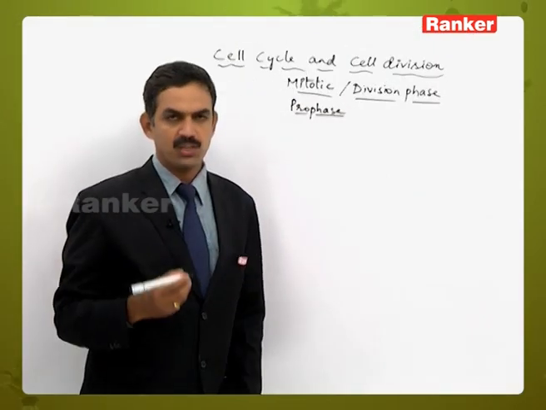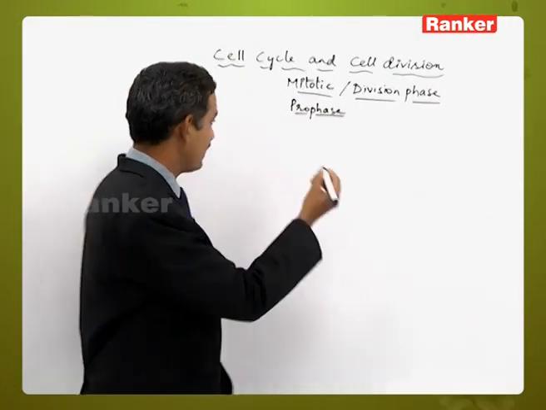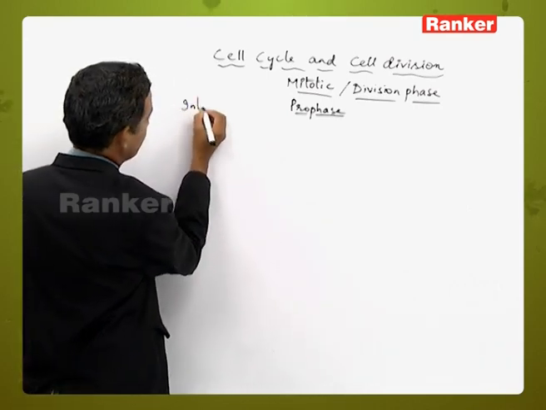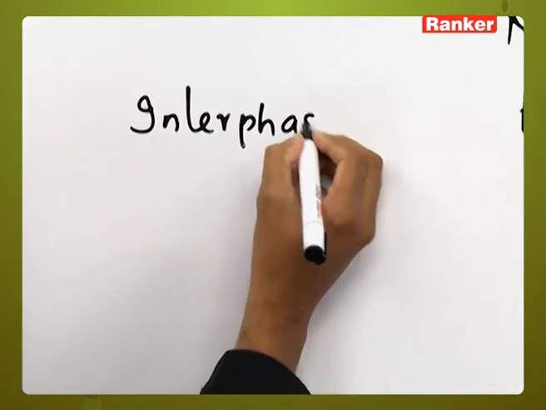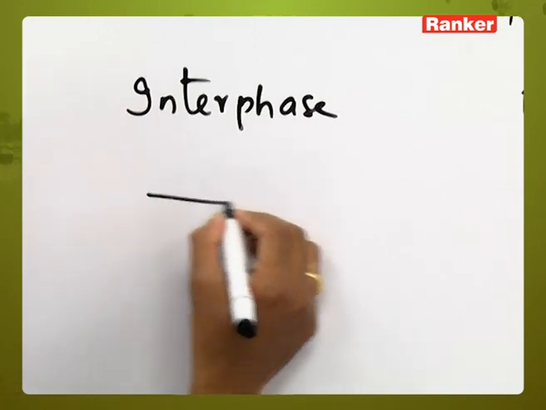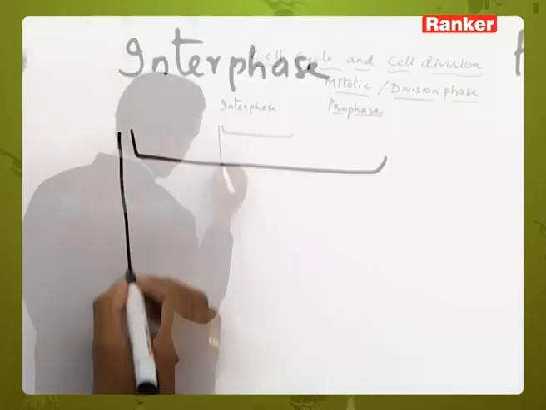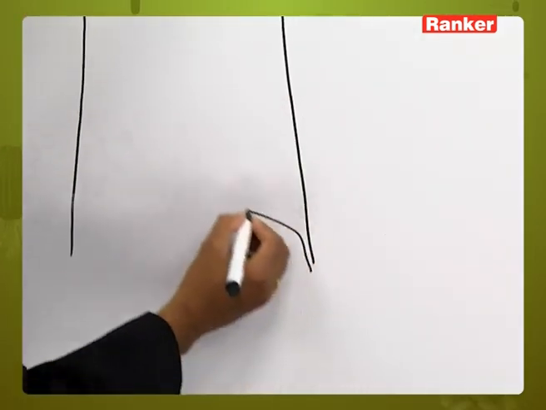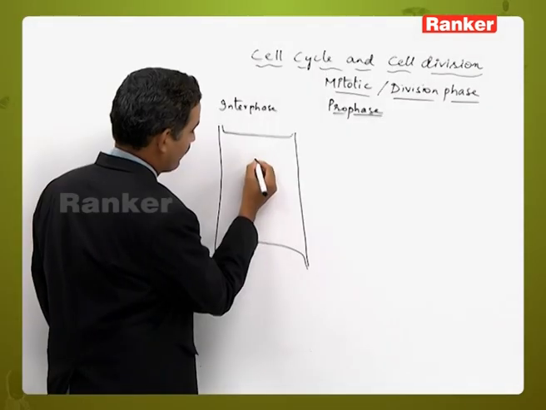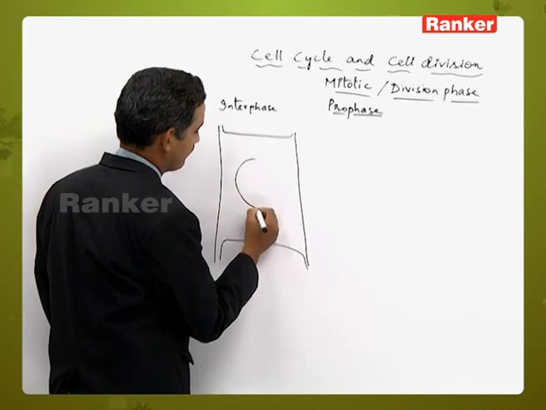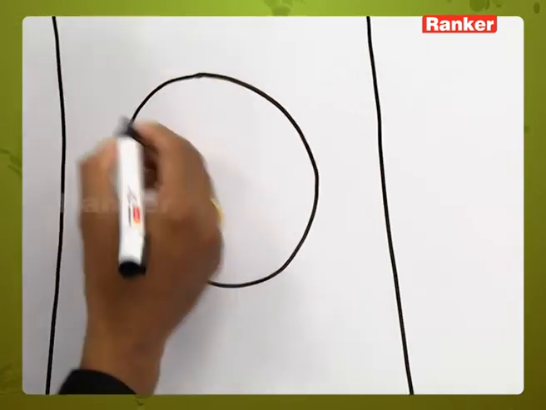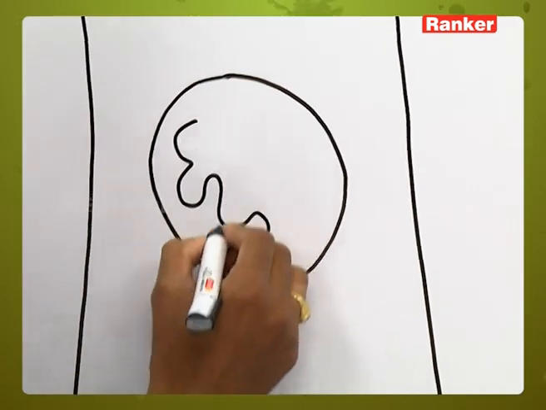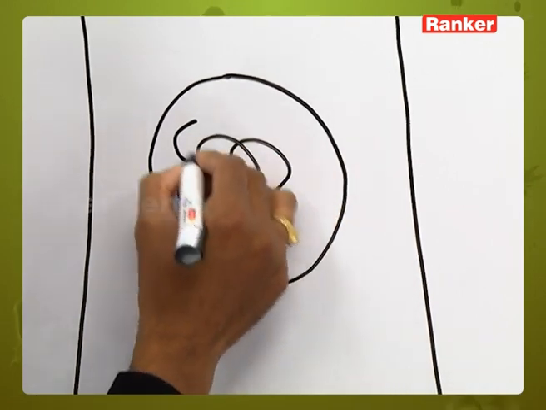Prophase actually follows the interphase. If you see the interphase nucleus, the cell will be like this, with the nucleus, that is the nuclear membrane, and the chromatin irregularly present in a network-like structure.